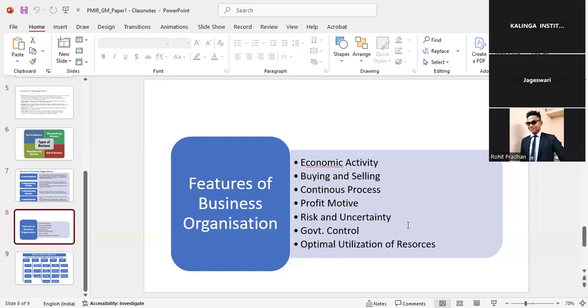Continuous process. Any business you do, the business will not die. You take example of recent what happened. Ratan Tata died. That does not mean that Tata company is going to close. No. So any business holder, suppose I have a very big business or a small business, even if something happened to me, the business will continue.